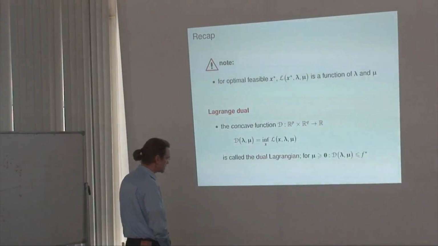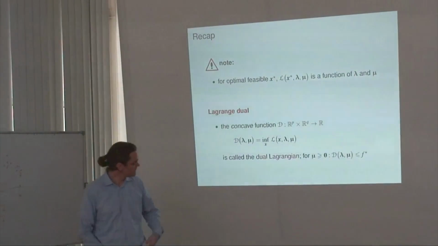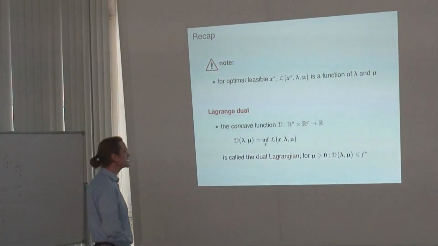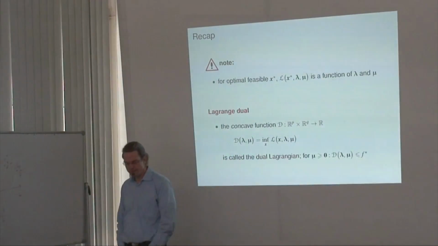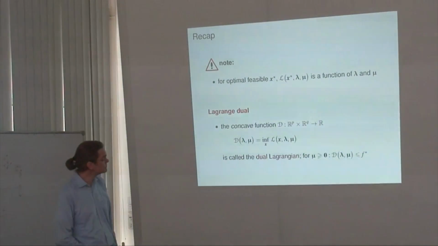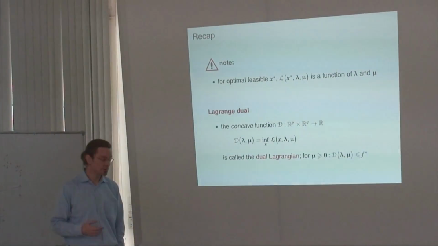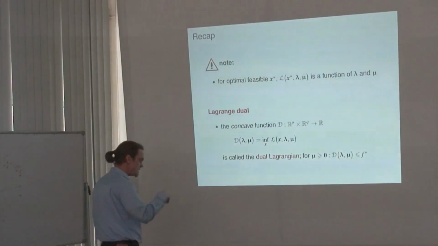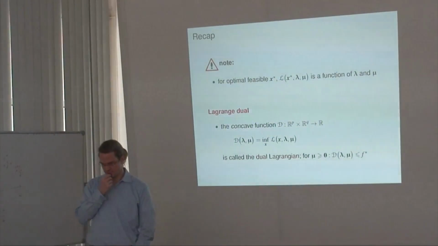It is concave. And if the Lagrange multipliers for the inequality constraints form an all positive vector, then we know that the value of the dual will always be a lower bound for the optimal value of f.